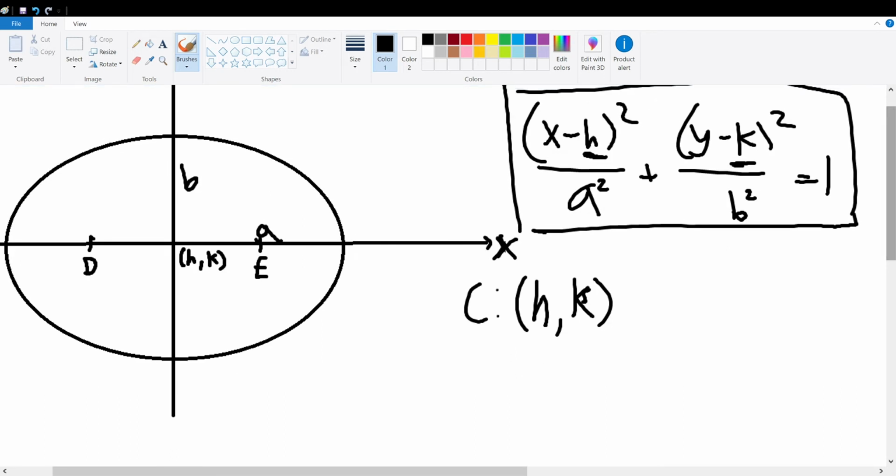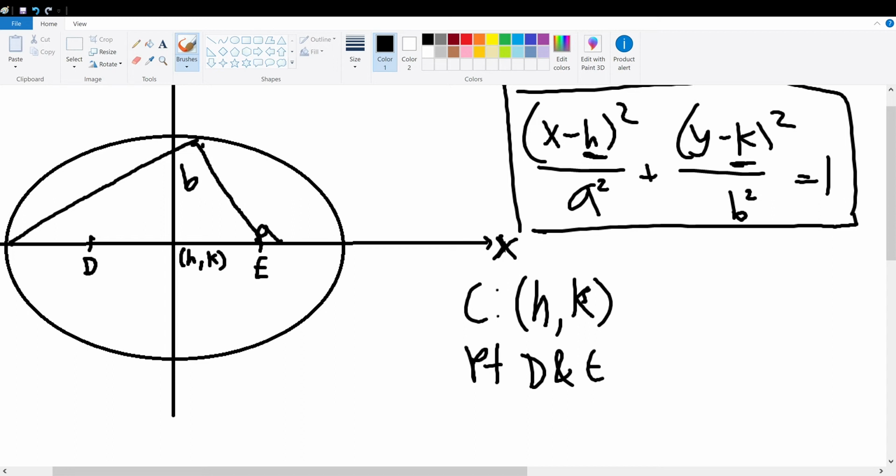Then we have points D and E, which I've labeled here as its focal points. One of the very interesting things that conic sections have in their graphs is that each of the equations or graphs has focal points, where if I do an example here on the graph, if I have a beam of light that shoots out from anywhere, it does not have to start from here, but shoots out from anywhere and hits one of the sides of the ellipse, it'll bounce off and go through one of the focal points.